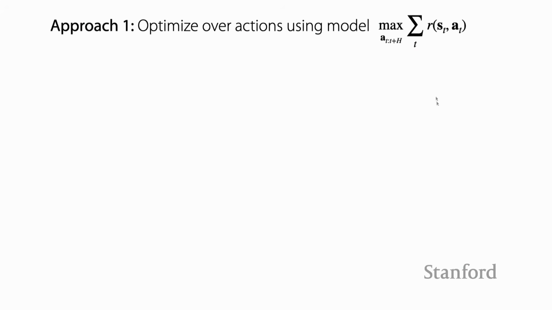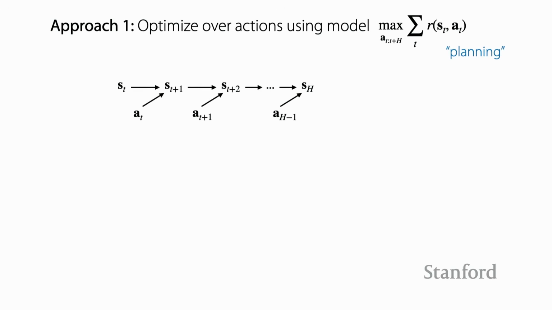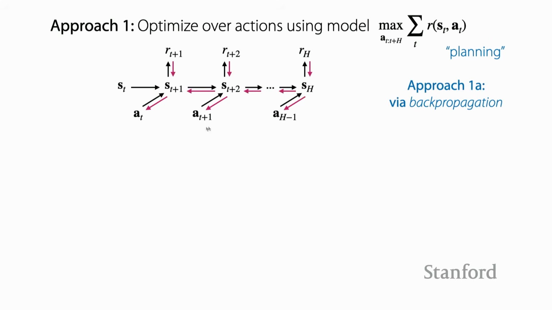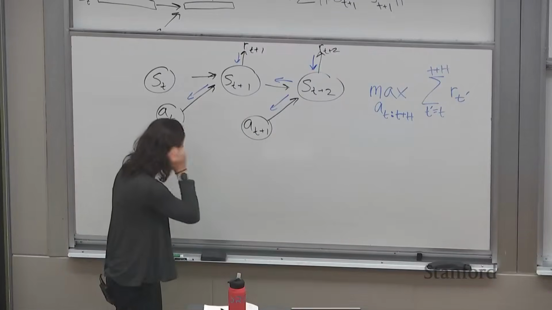We're trying to maximize the sum of rewards. We often refer to this kind of problem, looking into the future, as planning a sequence of actions that will maximize rewards. If we have some model of how we predict future states and actions and rewards, and if we're modeling that with a neural network, then we can also compute the gradients of that neural network to backpropagate rewards into actions, as follows.